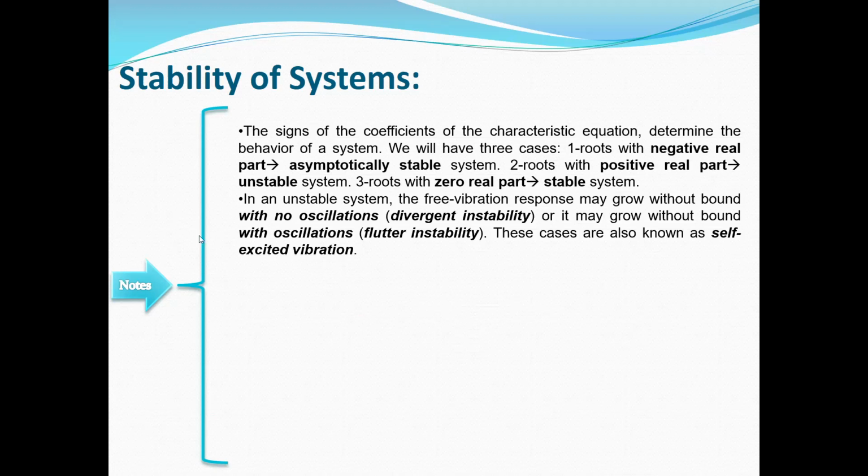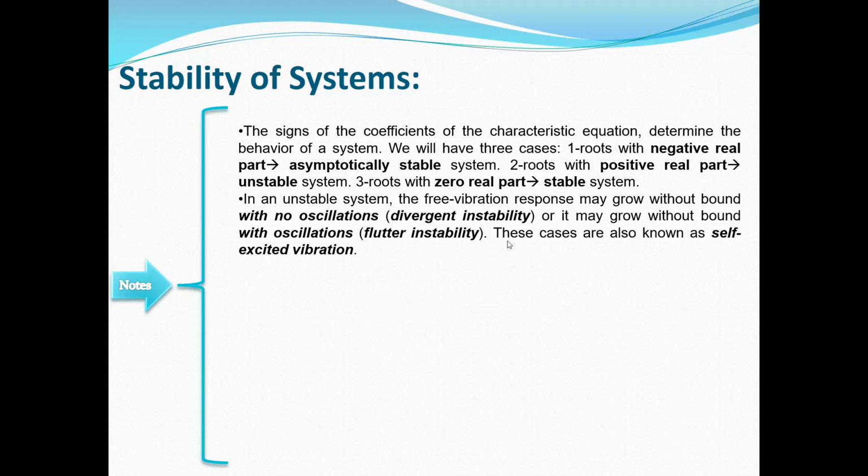In an unstable system, the free vibration response may grow without bound, with no oscillations. We call it divergent instability. Or it may grow without bound, but this time with oscillation, which we call flutter instability.